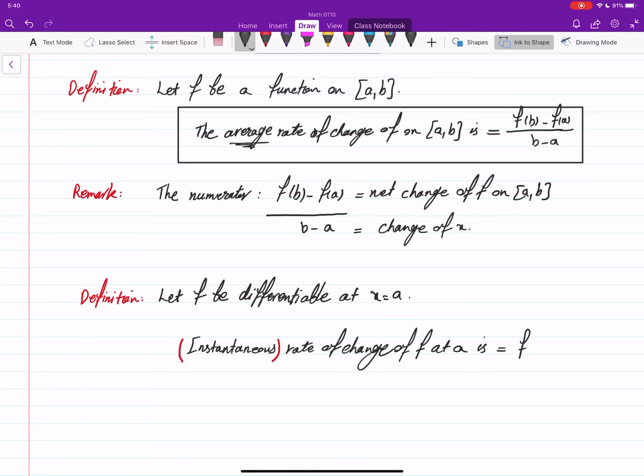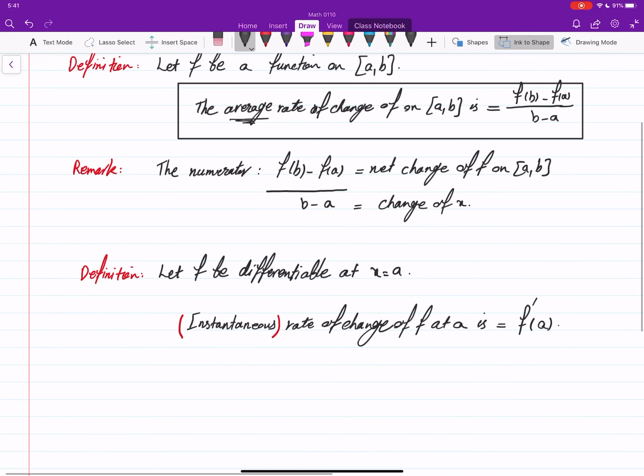This is exactly the derivative of that function at a. The derivative of a function at a, remember, is kind of a slope, it shows the rate of change of the tangent line. Now the rate of change of the tangent line is exactly the instantaneous rate of change, which is f prime of a.